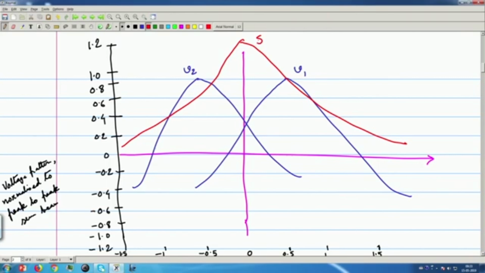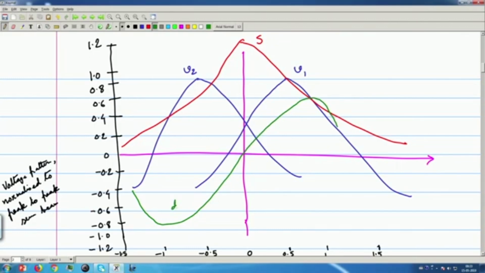This is the sum, and the difference pattern is something like this.